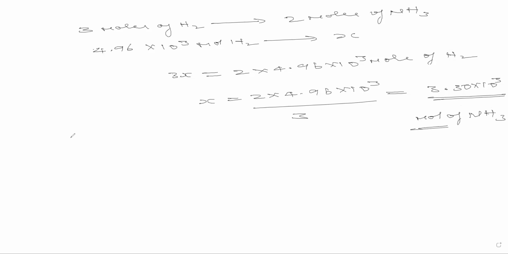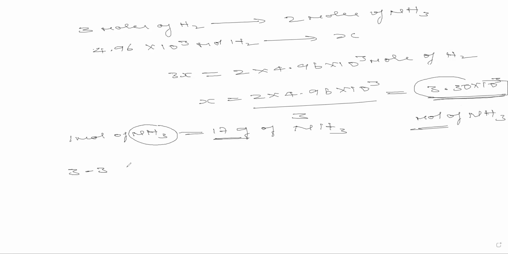Now we have to calculate the amount of ammonia. We know that 1 mole of NH3 is equal to 17 grams of NH3. But we have 3.30 into 10 to the power of 3 moles of ammonia, which gives how many grams?